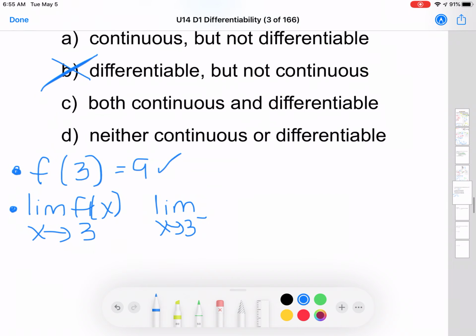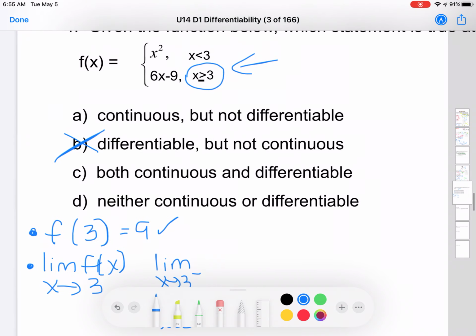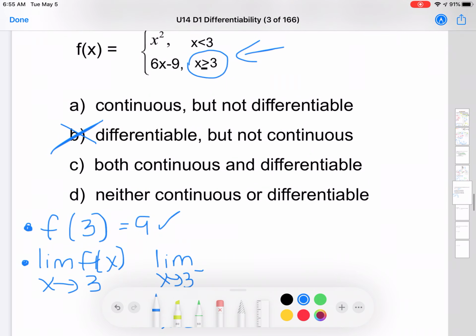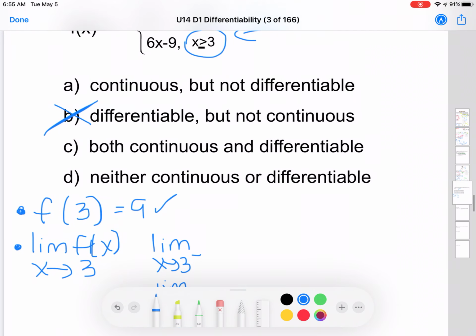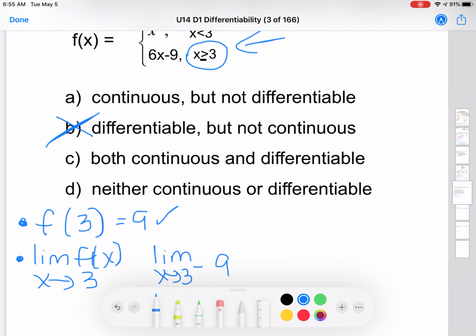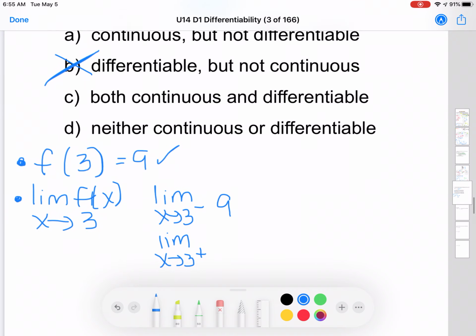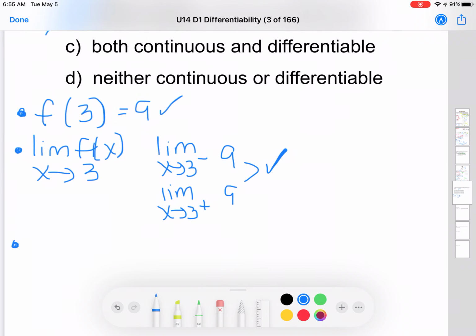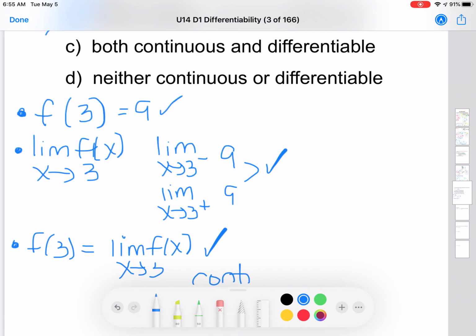We'll approach from the left. We'll approach from the right. So x a little bit smaller than 3, we're going to get 9. X a little bit bigger than 3, we're going to get 9. Okay, so this looks good. The function value does equal the limit. So therefore this is continuous, so first step is done.